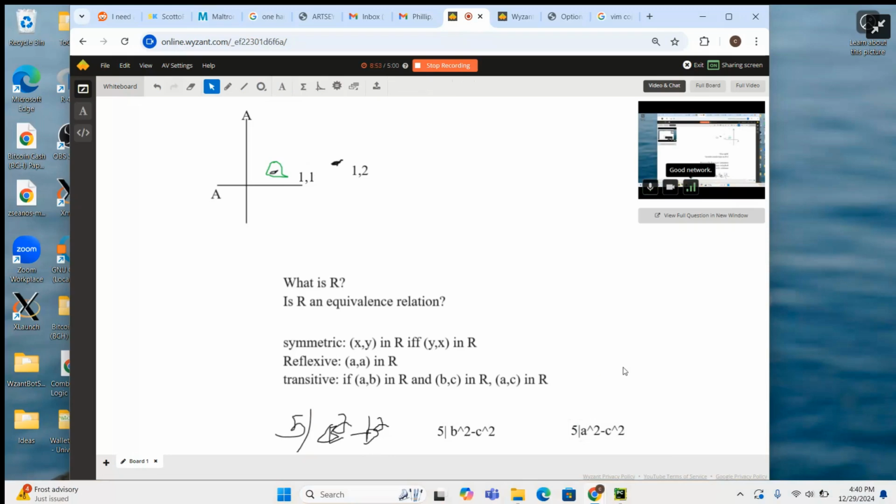Well, we have to either check all of R or do some math. So, what do we think? Maybe there are some rules we know about divisibility.